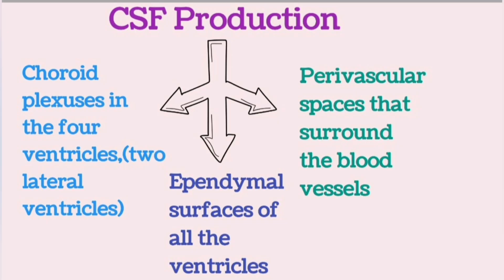So CSF production has 3 main areas: one is the choroid plexus of the ventricles, number 2 is the ependymal surface of the ventricles, and third is the perivascular space that surrounds the blood vessels of the brain.